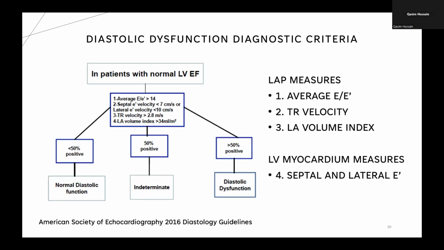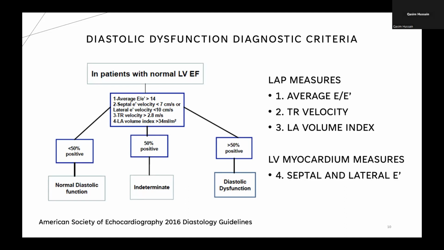They found that an average E over E prime greater than 14, septal E prime velocity less than 7 and lateral E prime velocity less than 10, TR velocity greater than 2.8, and left atrial volume index greater than 34 are all consistent with diastolic dysfunction. But you need at least 3 of those to come up with or confirm the diagnosis.